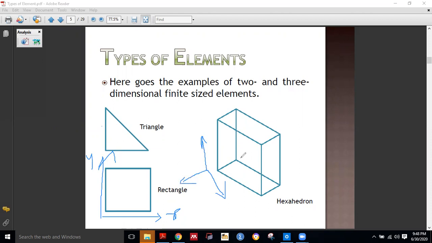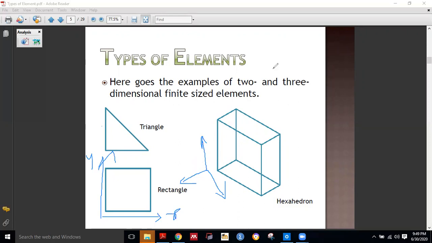No matter if it is positive or negative z, positive or negative x, positive or negative y, those are the directions which we have considered for the hexagon. So these are the types of elements. If we have to consider any plate as an element, then it should have very small thickness.